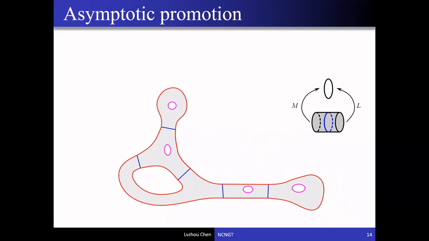Now let me explain how to asymptotically promote a large proportion of disk-like pieces into disk pieces in a suitable large finite cover. The finite covers that we consider are of the following type.